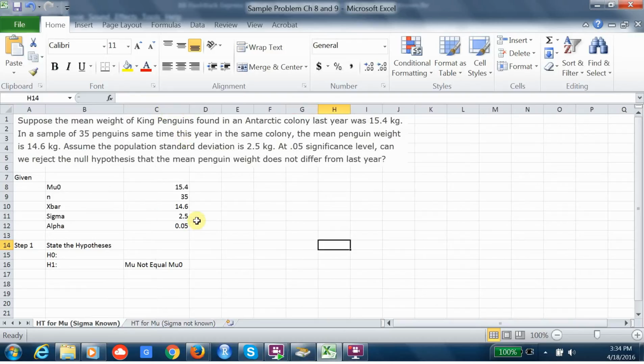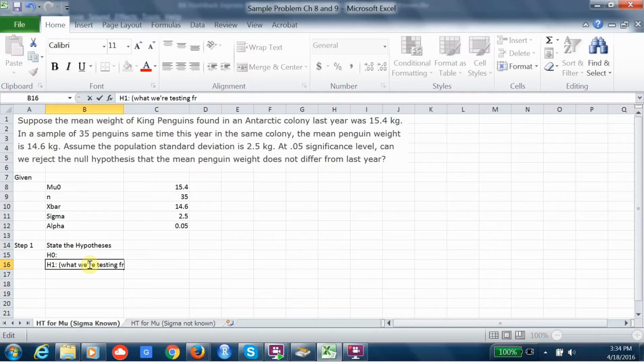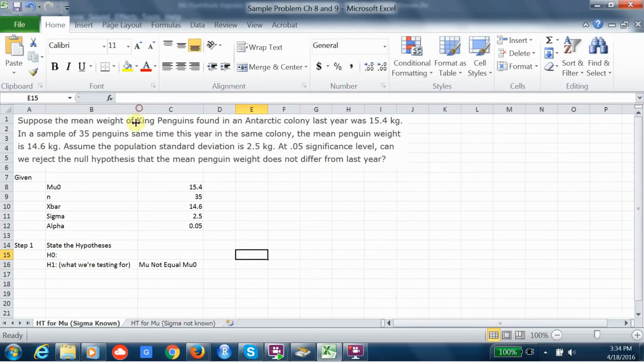Remember, what we're testing for is always the alternative. That's important to understand, okay? So the alternative is what we're testing for. We're testing to see if they're different. We're testing to see if they're not equal. Because remember what we're doing is we're testing the null hypothesis.